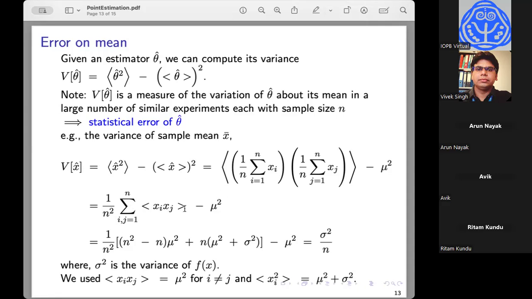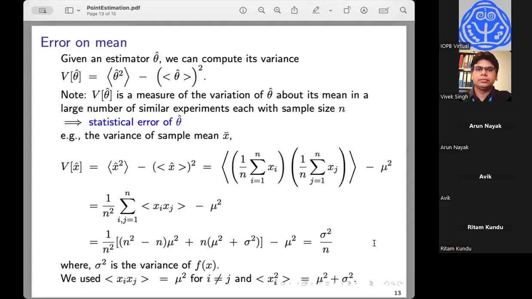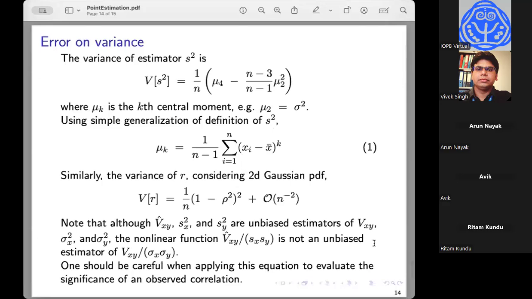And then further, doing this, you will find that this variance will be equal to sigma square over n. Now, if n becomes very large, this becomes very small. Sigma square is basically the variance of x itself. So that was the uncertainty on the estimator for the mean, the estimate of the mean.